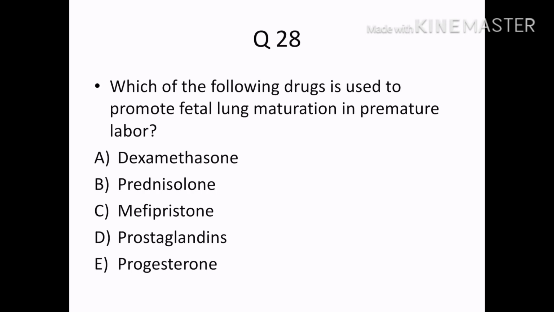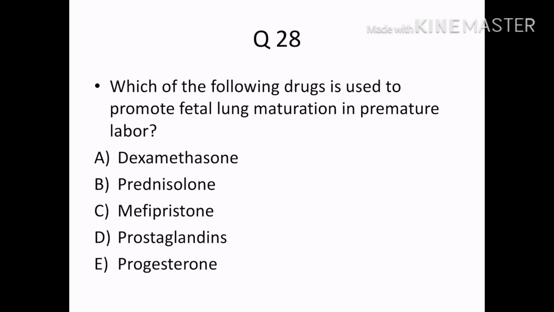Question number 28. Which of the following drugs is used to promote fetal lung maturation in premature labor? A. Dexamethasone, B. Prednisolone, C. Mifepristone, D. Prostaglandins, E. Progesterone. So an infant that is born before 34 weeks is premature and does not have proper lung maturation as a result of low levels of surfactant within the lungs.